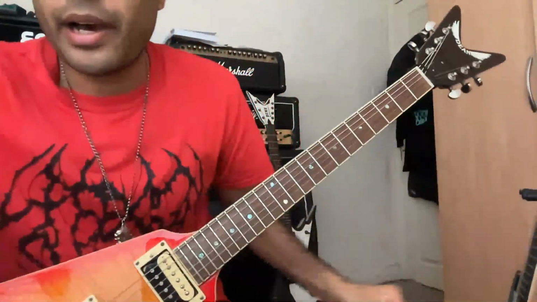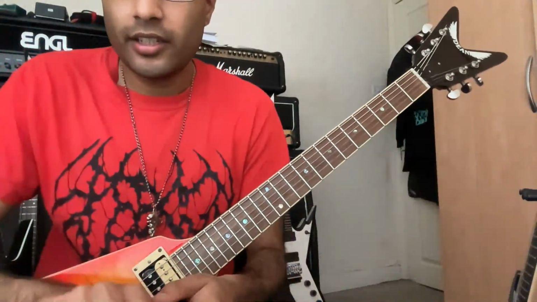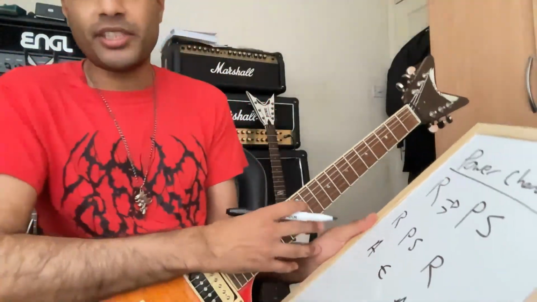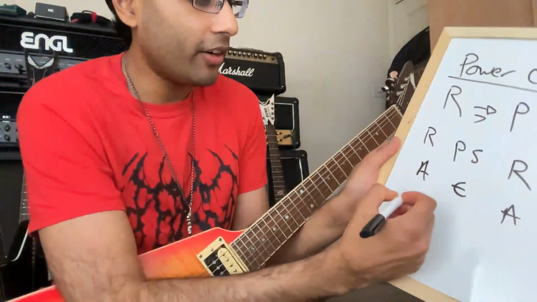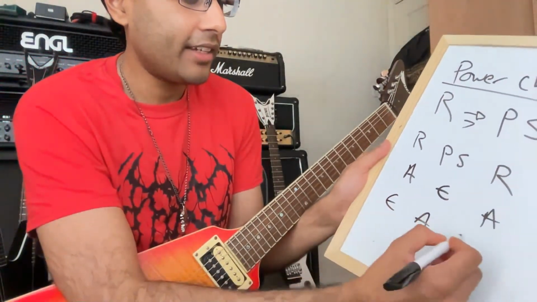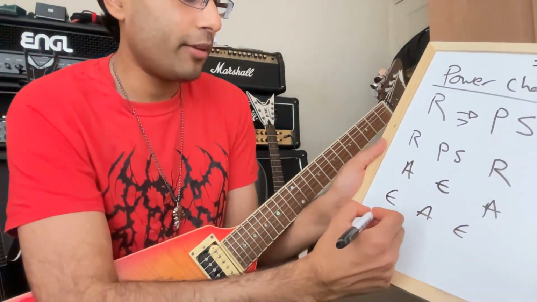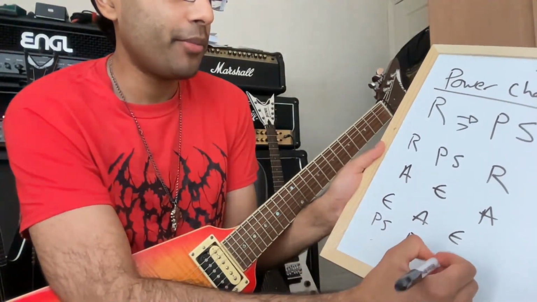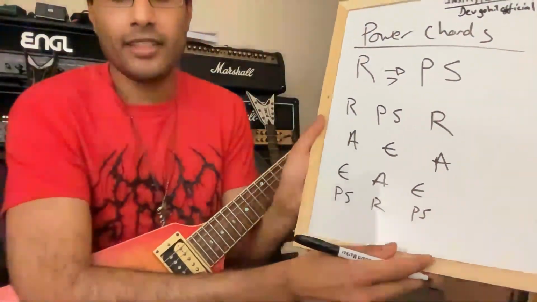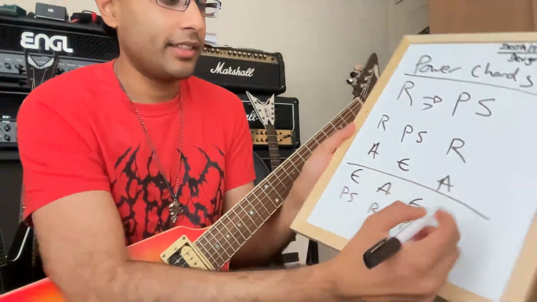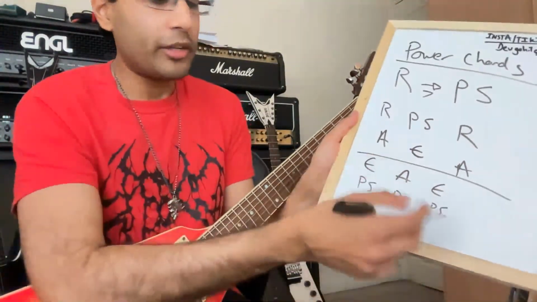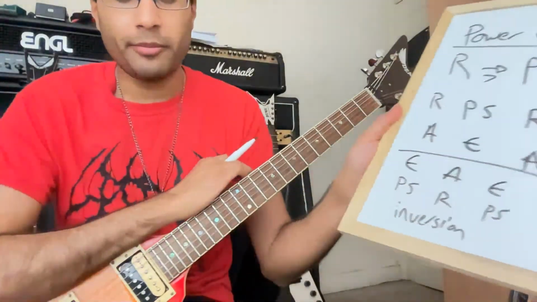So when it comes to power chord inversions, a triad is specifically a 3-note chord. But we can go E, A, E. So we're starting with the 5th. There's our root note, and then we're stacking up another perfect 5th. This is called an inversion. This is where you play the same notes in a different order.